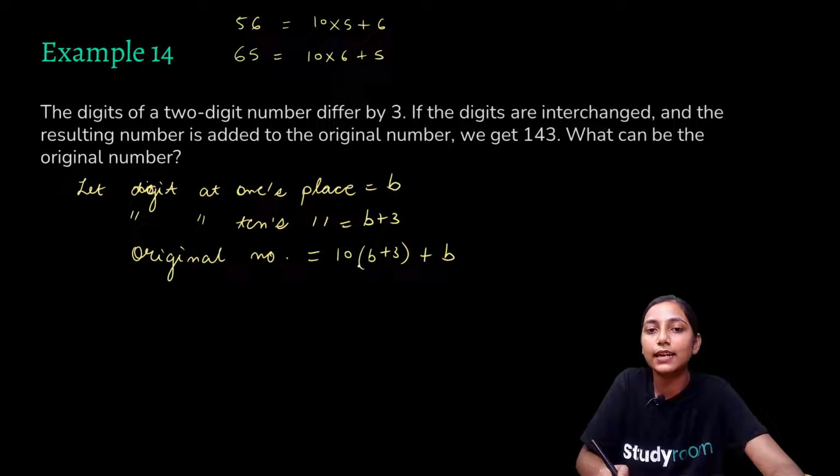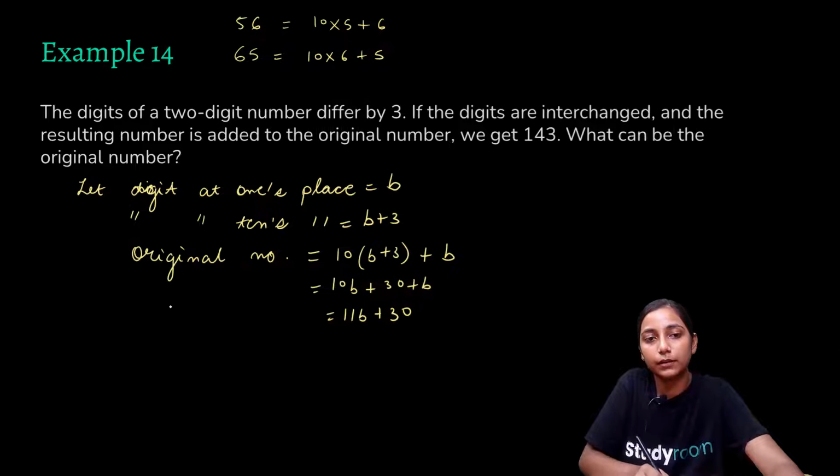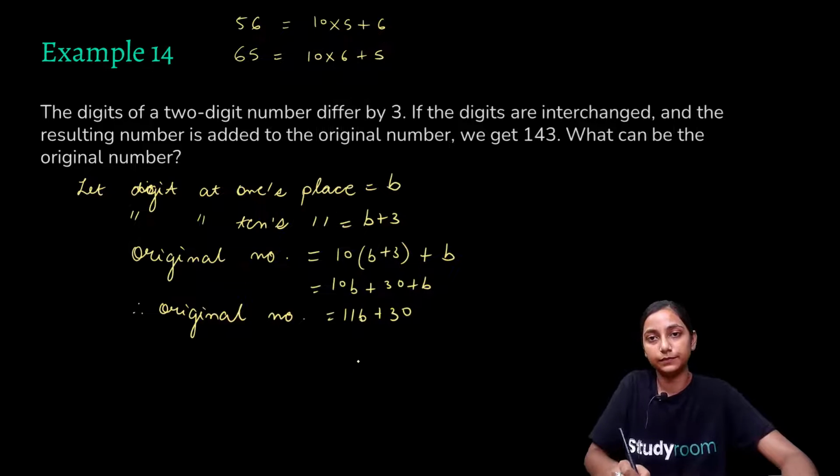So it is 10 into b plus 3 plus b. That is 10b plus 30 plus b, or you can write 11b plus 30. This is our original number. Therefore, our original number is coming to be 11b plus 30.